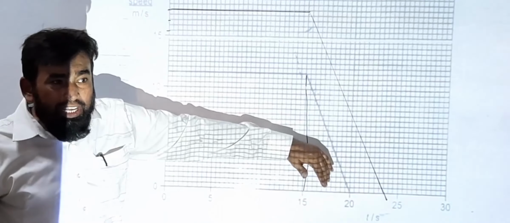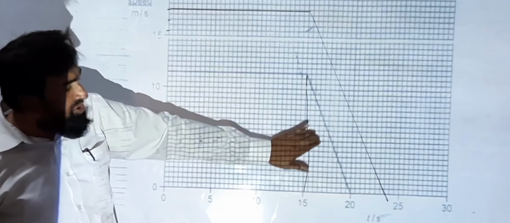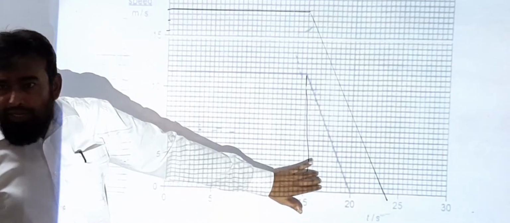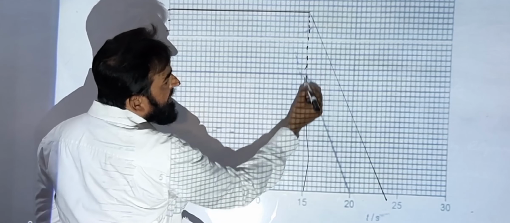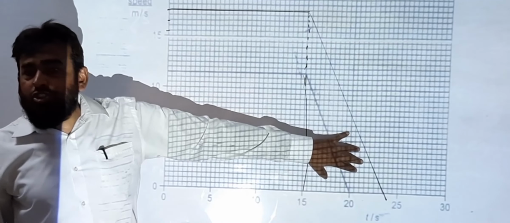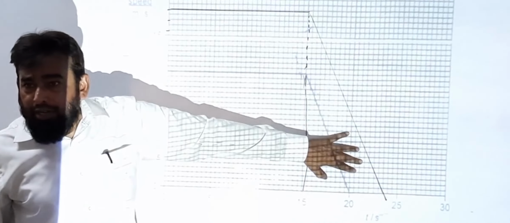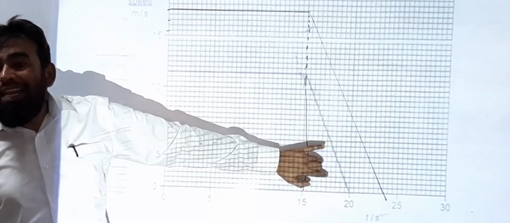When the car is decelerating, when the speed of the car is decreasing, this distance is covered by the car. And for the area under the graph when the lorry is decelerating, this bigger triangle is showing more distance covered while decelerating, and this smaller triangle is showing less distance covered during deceleration.